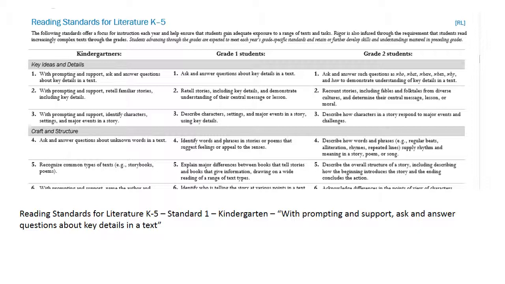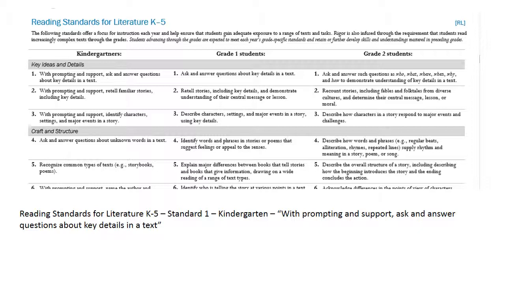For my standard, I'm going to want them to be able to understand key details about a text. And so the way I'm going to write that on my lesson plan is, if you look at the bottom of this, Reading Standards for Literature K-5, Standard 1, Kindergarten: with prompting and support, ask and answer questions about key details in a text.